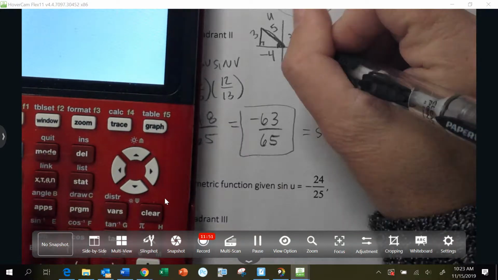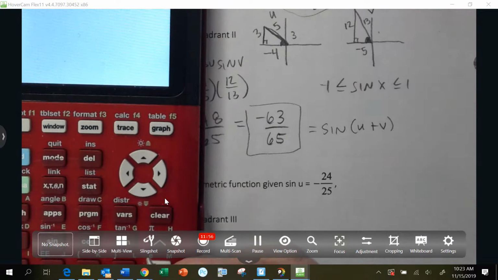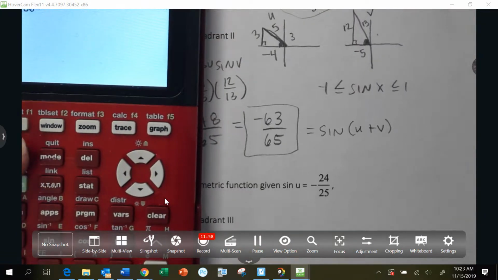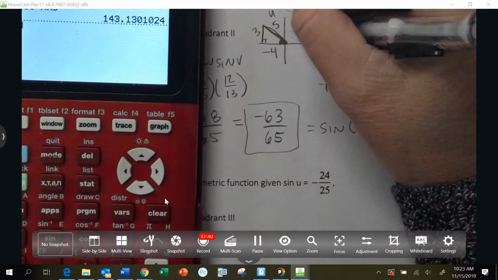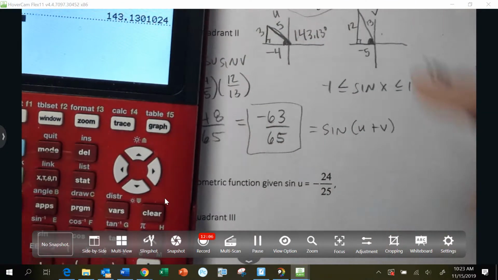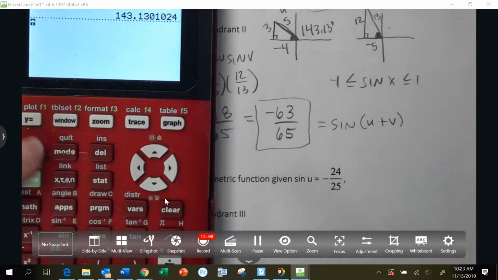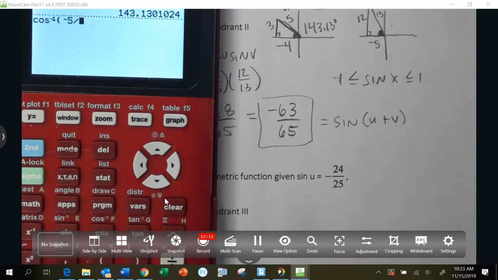Except it's in the second quadrant, so 180 minus that is 143.13 degrees.